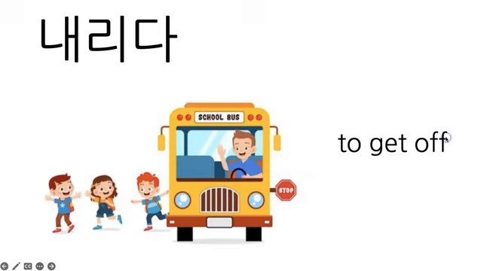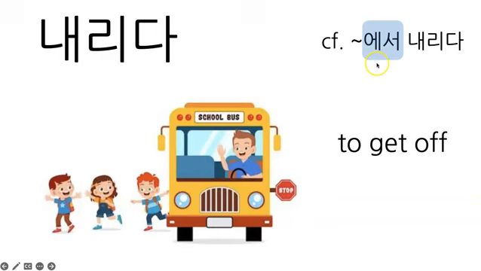Next, verbs. 내리다, this is an action verb, meaning to get off. And in this case, you need to remember the particle that should be used with this verb. So when you say get off the bus, get out of the car, then we always have to use the particle 에서, meaning from.